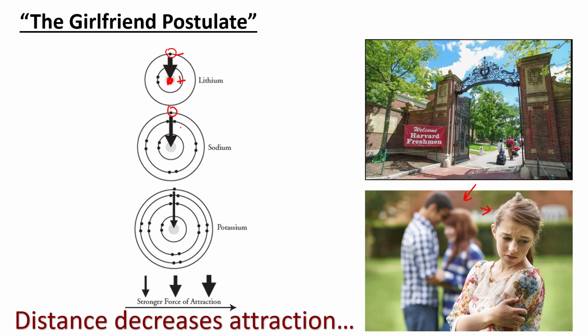So the level of attraction is less than lithium's was. And then finally, when you have potassium, where the valence electrons are in the fourth principal energy level, they have the least attraction to the nucleus. So if you guys can remember that in the girlfriend postulate, distance decreases attraction, you will understand why the ionization energy decreases as you proceed down a group.